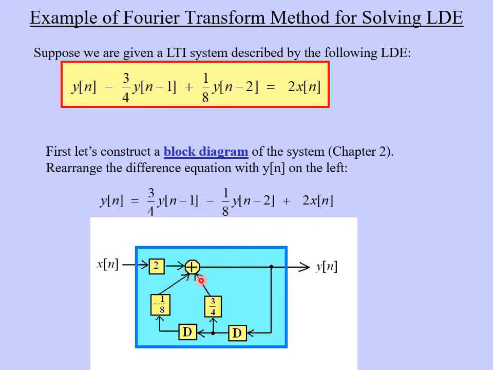So these three arrows represent these three terms up here, and the output of this adder is, of course, the output of our system, which is y of n. So that's how we can quickly draw a block diagram from a difference equation. And again, this is nothing new. We did this back in chapter 2.